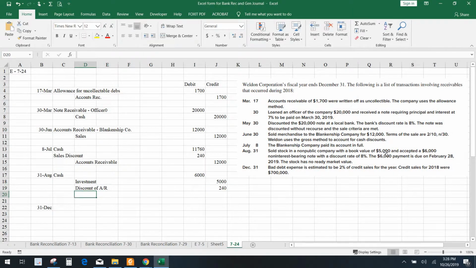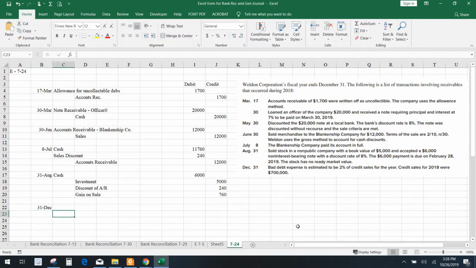If you wouldn't have done half, you would have got 480, and that's incorrect. And then the rest is the gain on sale, and that's 760.